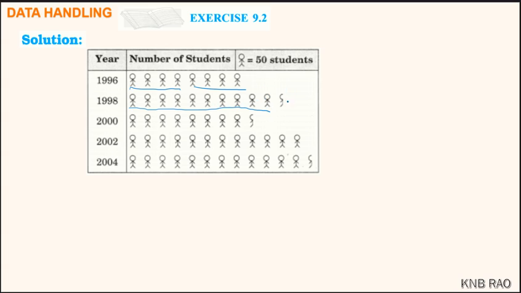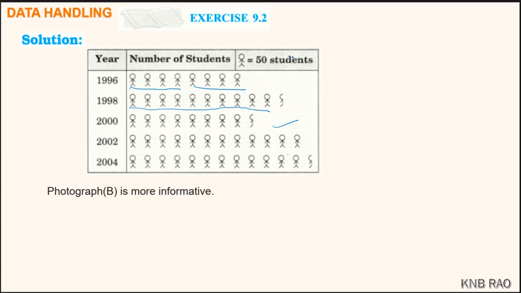That 35 is represented with this little incomplete symbol. You can see that this representation, where each symbol is 50 students, is more appropriate. The fewer students we take for 1 symbol, the more clarity we give in that pictograph.